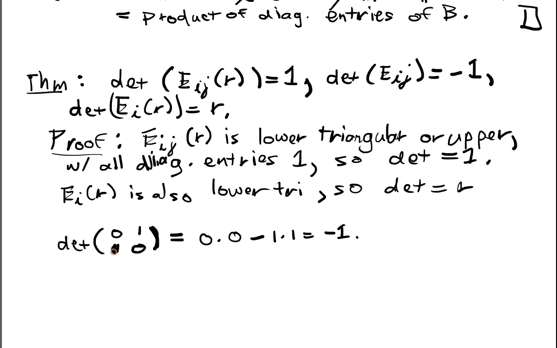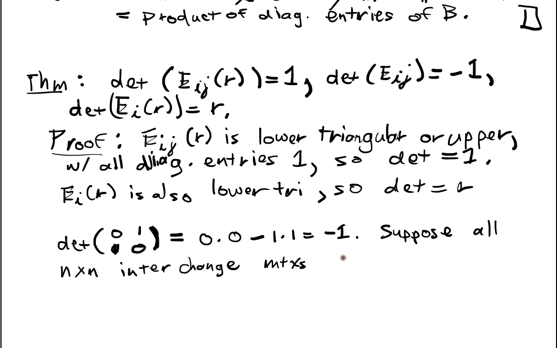So we've proven it for the 2x2 case. Now suppose that all n by n interchange matrices have determinant -1.